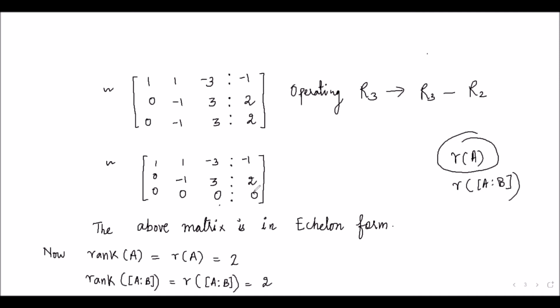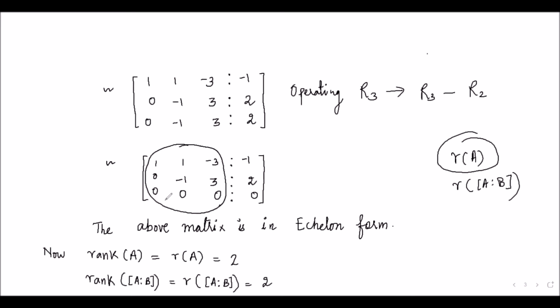By neglecting the last column, because the last column is from B. So by neglecting the last column in this echelon form, just by seeing these first 3 columns, we will check how many non-zero rows we have here, and that number will be the required rank of the coefficient matrix. If I talk about this 1, 1, minus 3, this is a non-zero row. If I talk about the second row of this echelon form of matrix A, then 0, minus 1, 3, this is also a non-zero row.